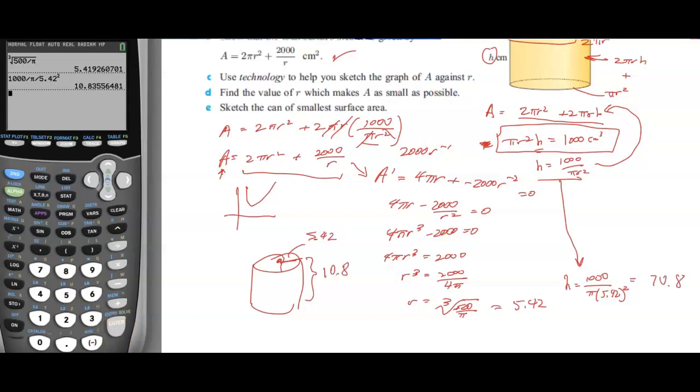That's our sketch. It didn't ask us for the area, but if we wanted the area, we could put r equals 5.42 back into here, right? We could have 2 pi times 5.42 squared plus 2,000 divided by 5.42.